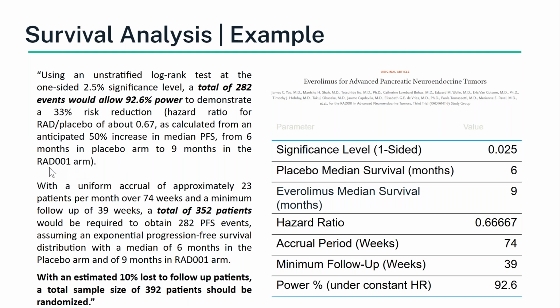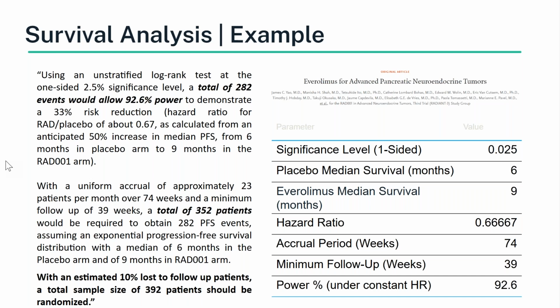Then we see information about uniform accrual, which is nice rather than complicating that. Over 74 weeks is our accrual period, and we have a minimum follow-up of 39 weeks.